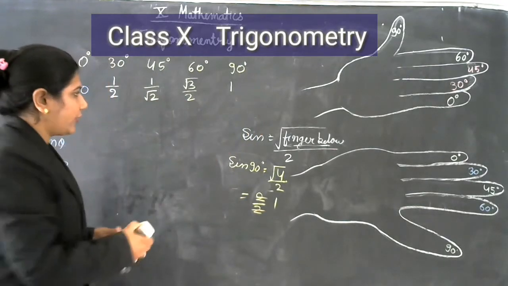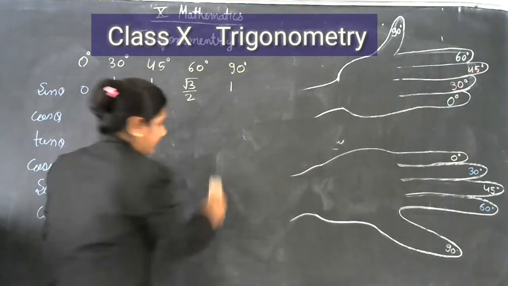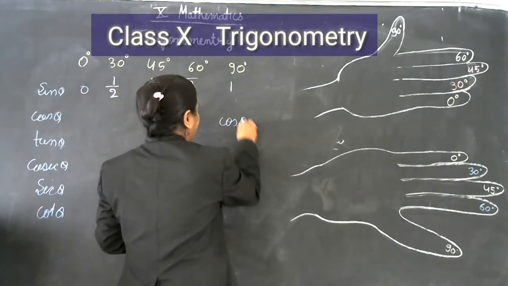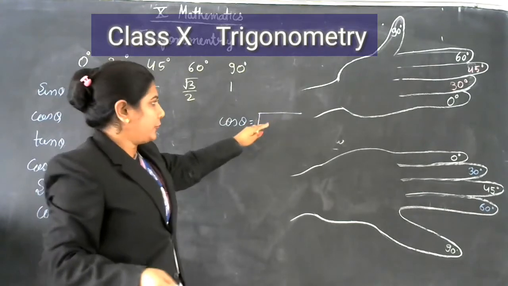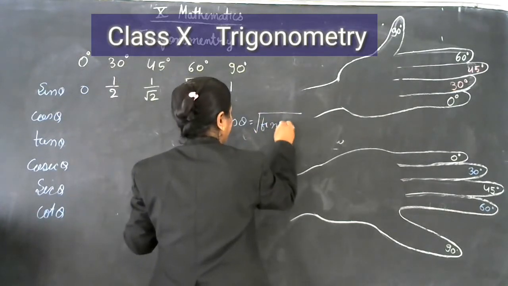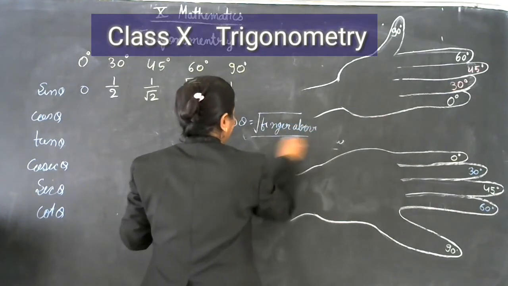Now for cos. For cos theta, the formula is changed. For sin we were using root of fingers below. Here we use fingers above, upon 2.